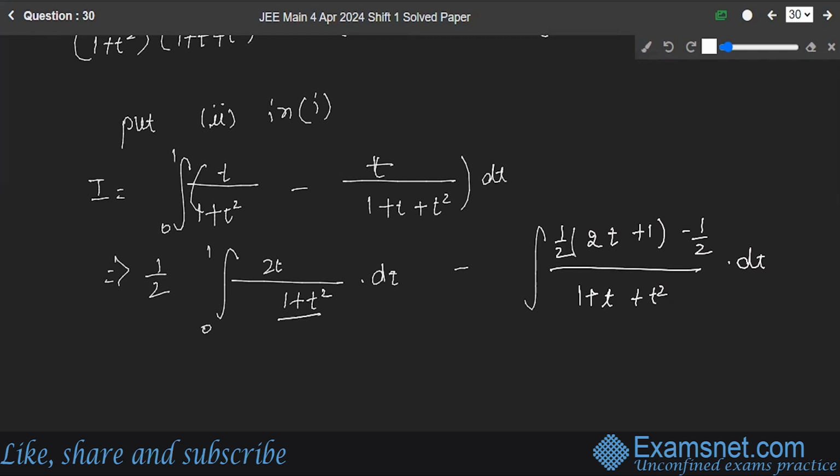See, 2t is the derivative of 1 plus t square. So this will be half of natural log of 1 plus t square.